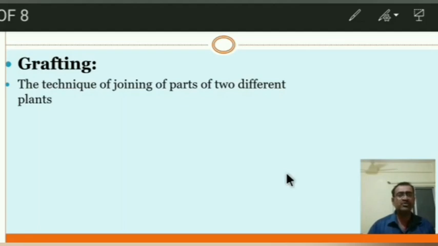In this way, the union of the stock and scion is carried out with the help of the cambia of the two, which are exposed and made to fuse with each other, so that there is an organic fusion between the two parts of the plant. The upper end of the stock and the lower end of the scion are given corresponding oblique cuts, so that they smoothly fit into each other when brought together.